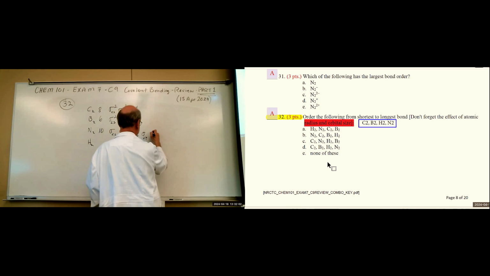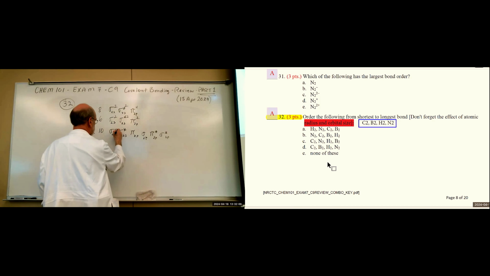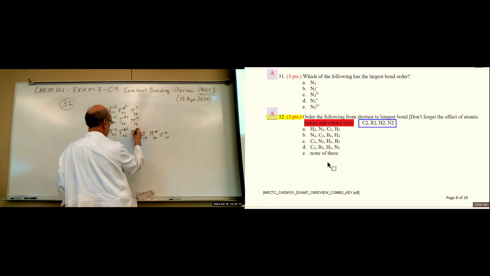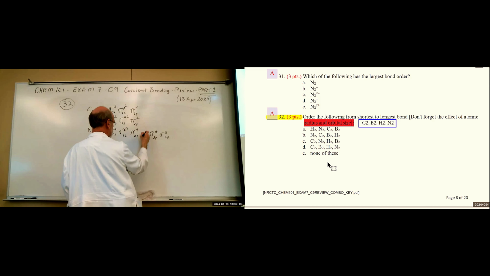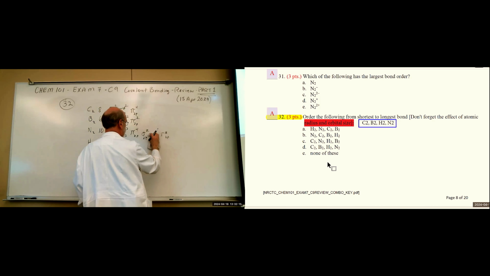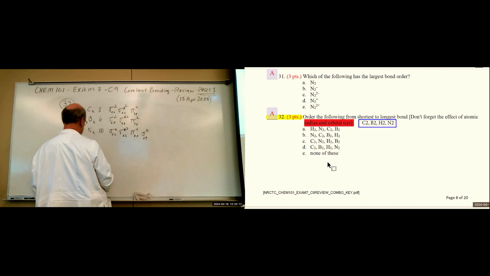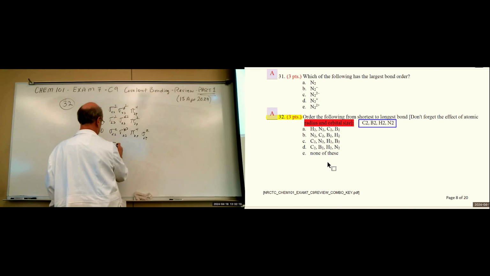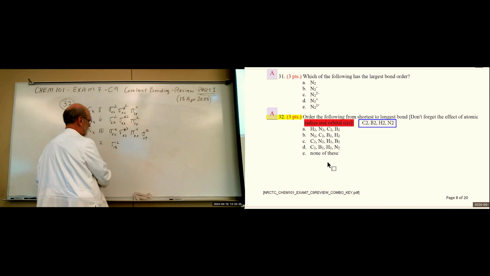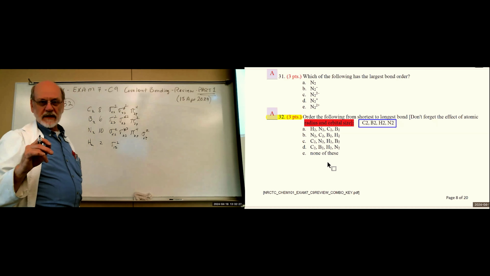Then we have pi star 2p, and maybe sigma star 2p. Yeah. We have 2, 4, 4 more is 8, and then 2 here. So that's all we need. And then dihydrogen. That's just 1s with 2. Okay.